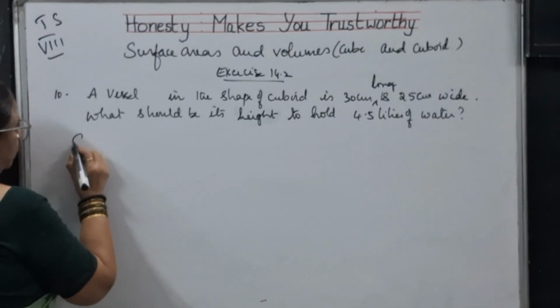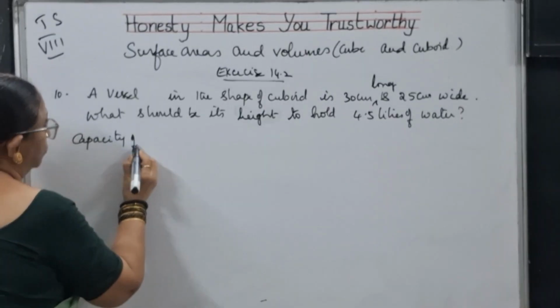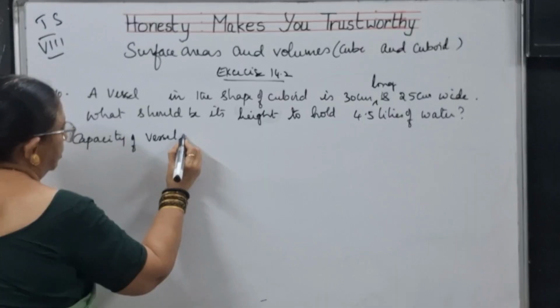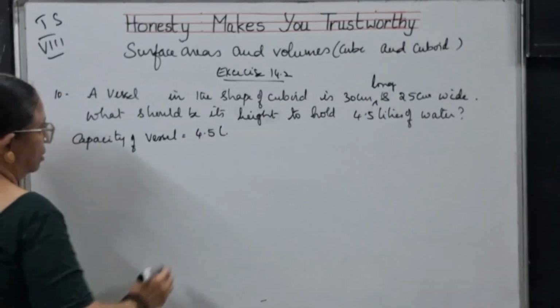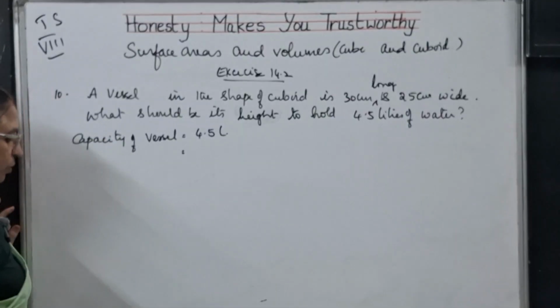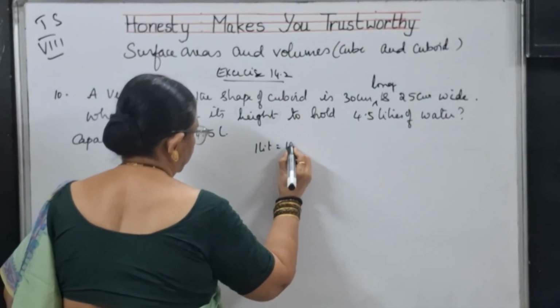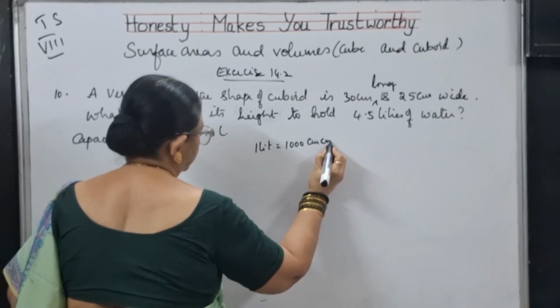So first we should know the capacity of the vessel. The capacity of the vessel is 4.5 liters. This means what? We know that 1 liter means 1000 cubic centimeters.